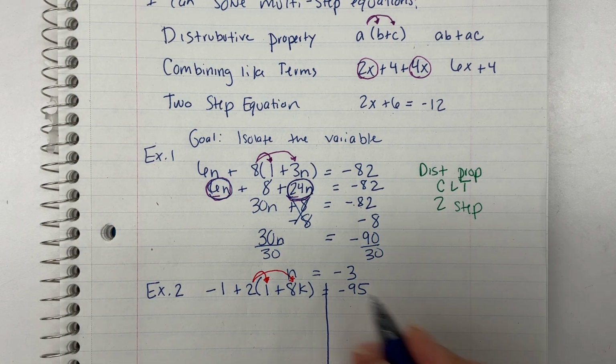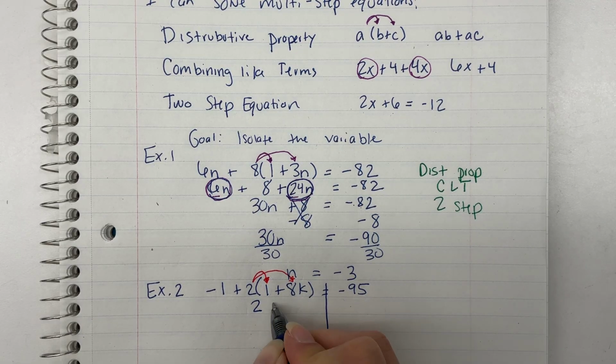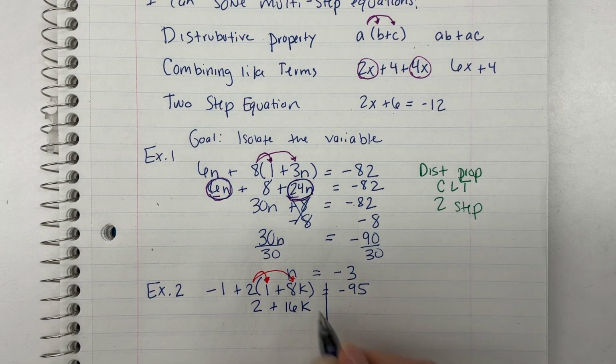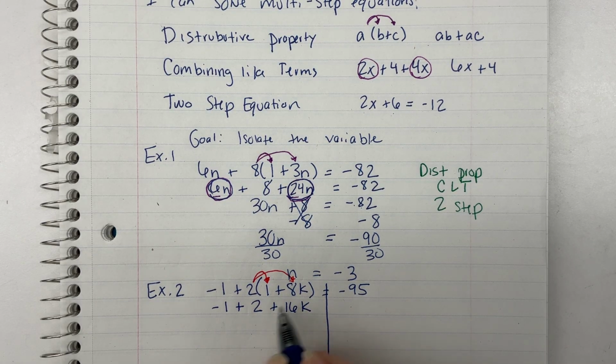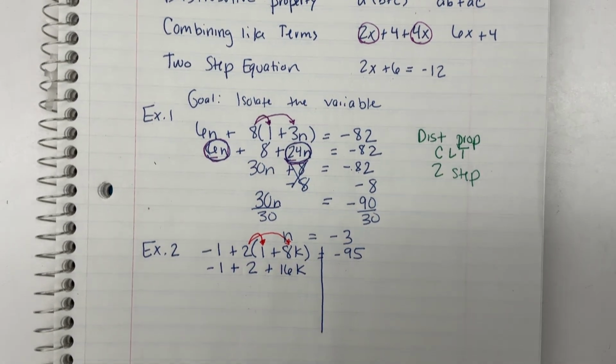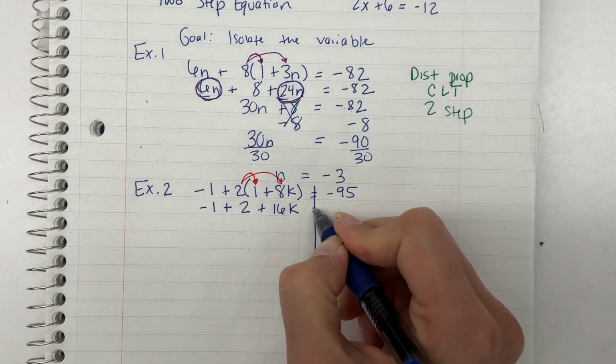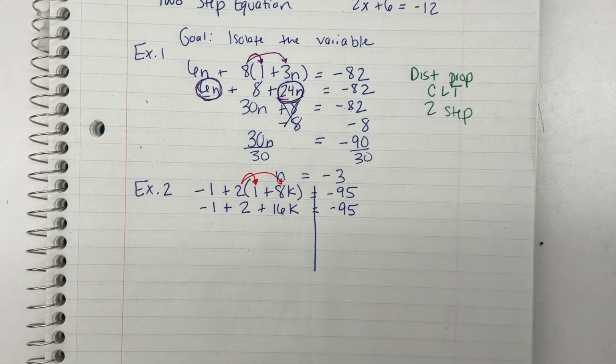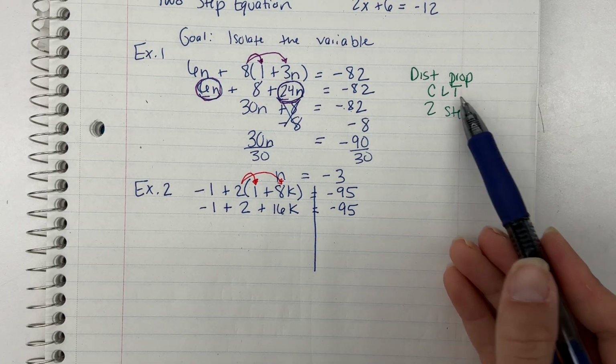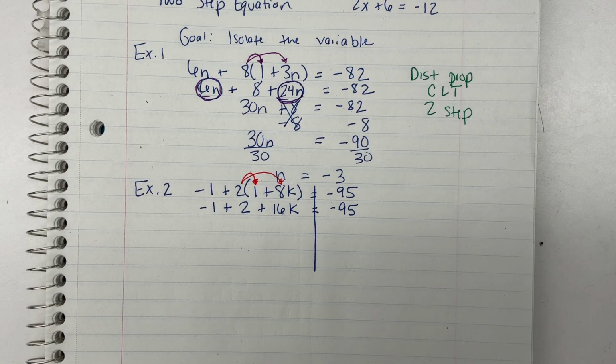2 times 1 is 2. 2 times 8k is 16k. I bring everything else back down. Since it's a positive 2, we put a plus, and we move down the -1 and equals -95. Next thing, we are going to combine like terms.